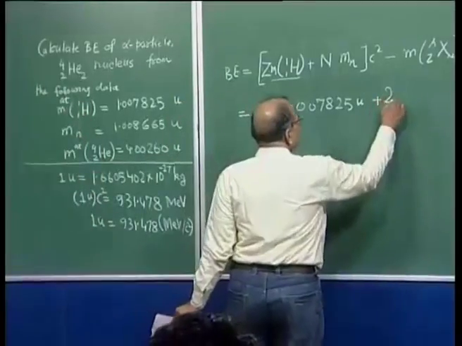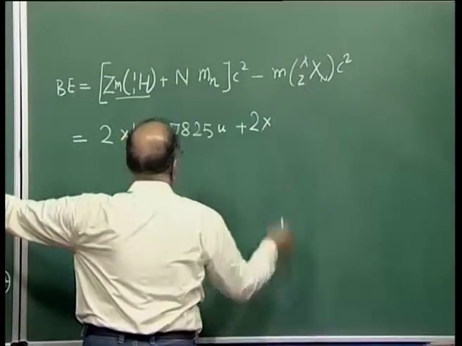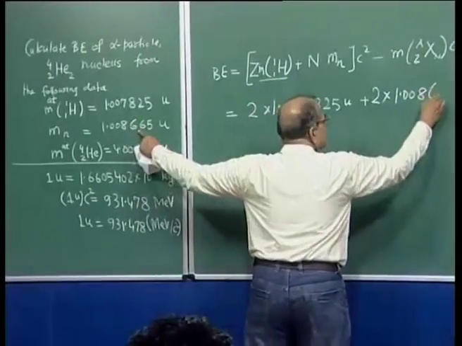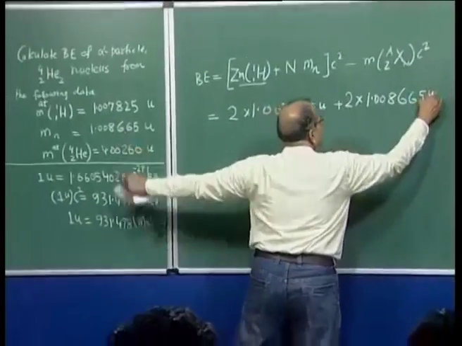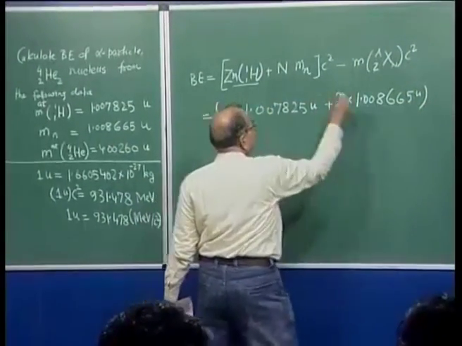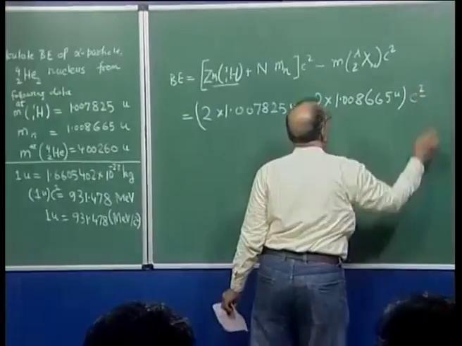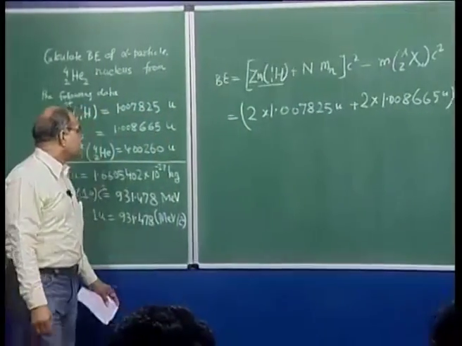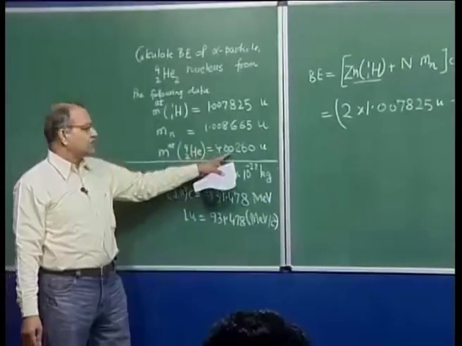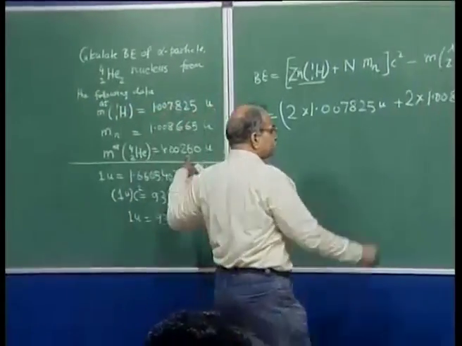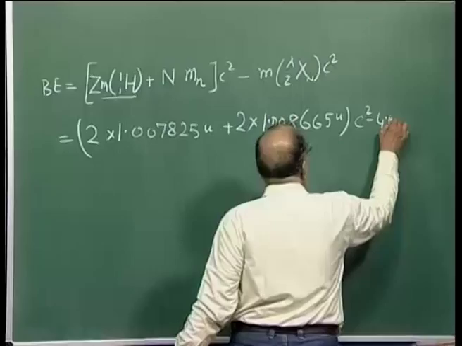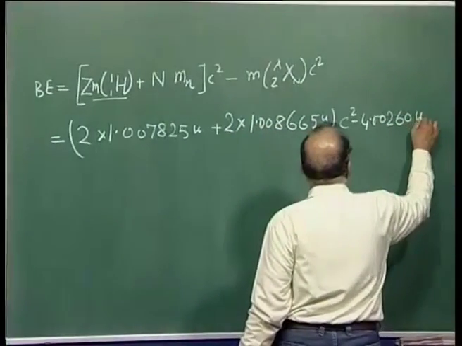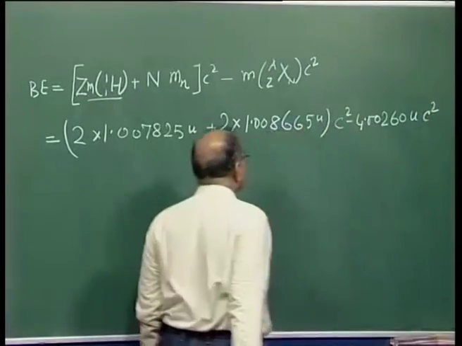So 2 times the mass of neutron, 1.008665 u, times c squared, and minus the mass of that helium atom. The mass of the helium atom is given here: 4.002603 u times c squared.